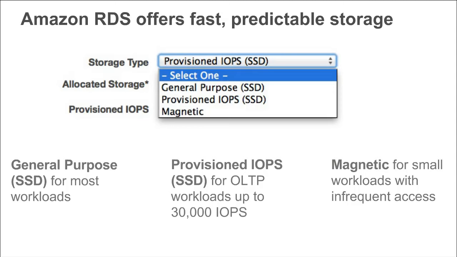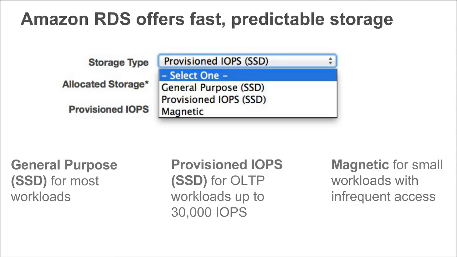We support general purpose SSD based on solid state drives for most production workloads. You also have the option to select provisioned IOPS, which is again based on solid state drives, but also it provides you with consistent IOPS performance where you will be able to specify the desired number of IOPS that is required for your database, and that will be provisioned for you when you launch the database engine.